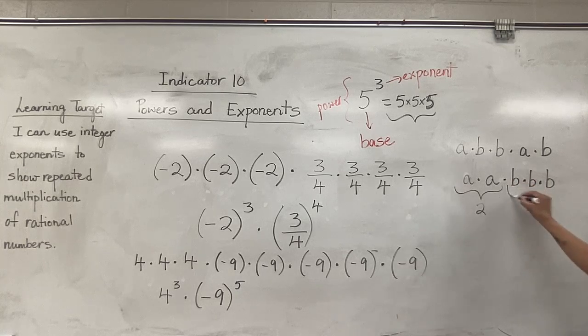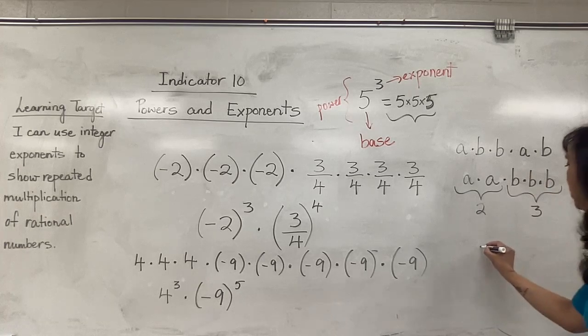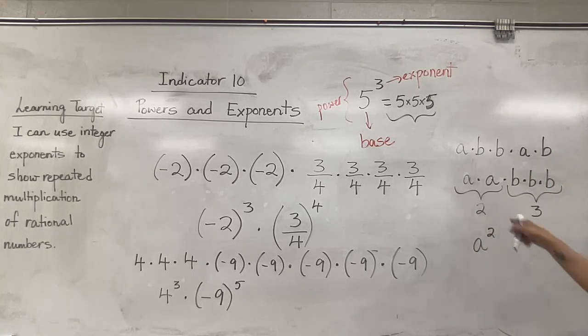I have two. How many B's do I have? I have three. So this answer is equal to A squared, because there are two factors of A, times B cubed, because I have three factors of B. So the base A is a factor two times, and the base B is a factor three times. That's how I write the algebraic expression.